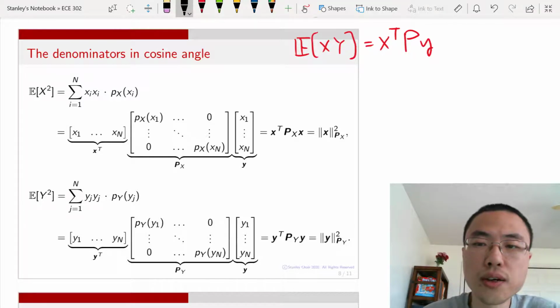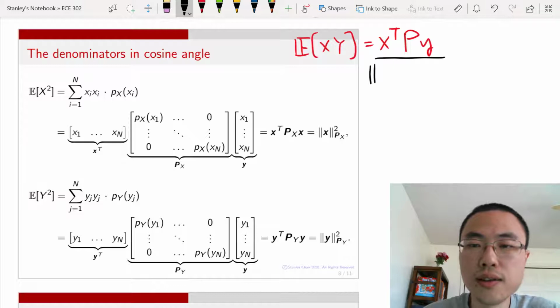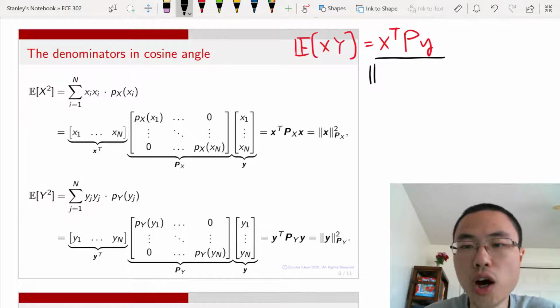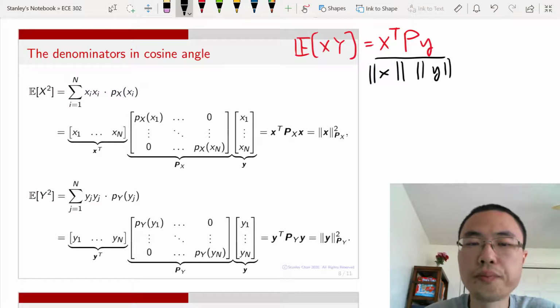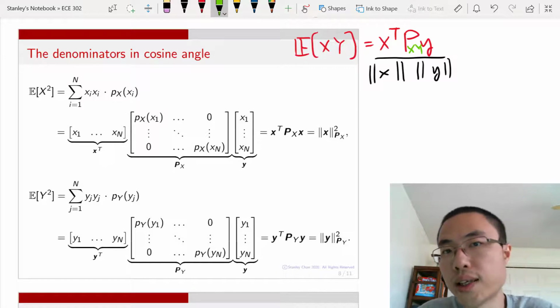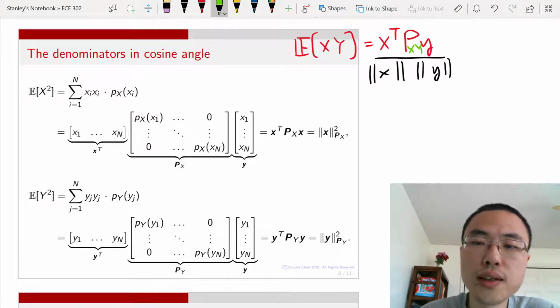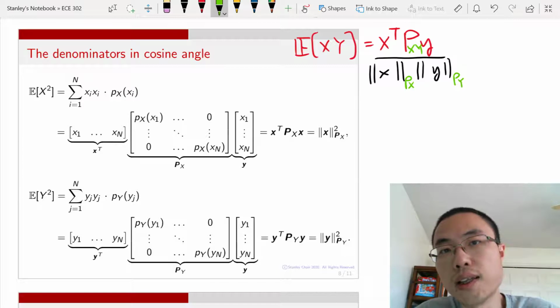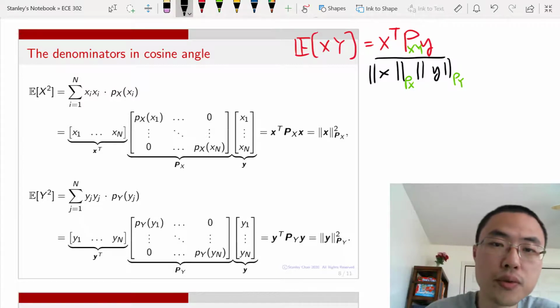To get to the cosine angle, we need to take the denominator of x, and then we need to take the denominator of y. But we need to take a little bit of care, because this is the Pxy matrix, the joint PMF between x and y. So when we take the expectation of x here, this has to go with the Px, and this has to go with the Py. These are the marginal PMFs of x and y, respectively.